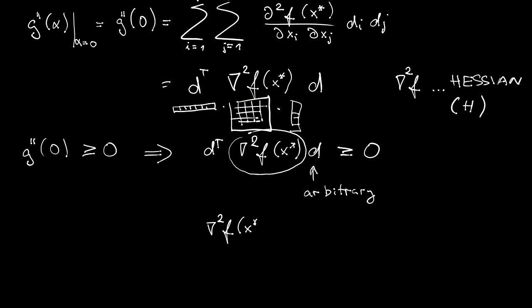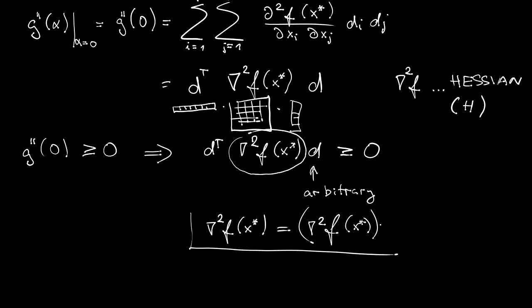Let me now write it down explicitly. So the Hessian matrix is symmetric, right? Because let's also put here the explicit expression for the Hessian matrix.